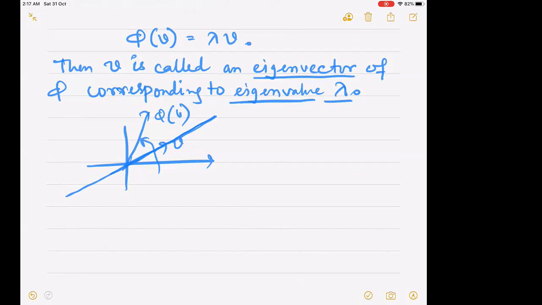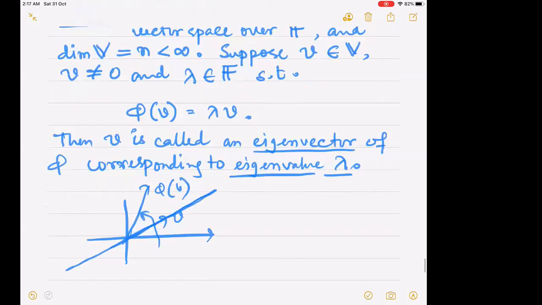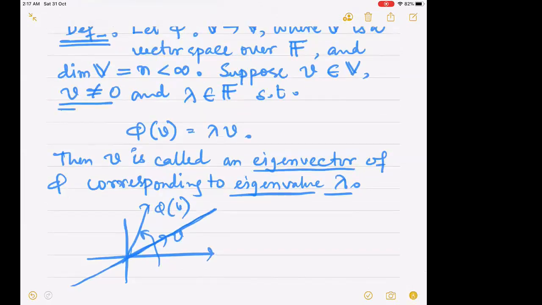One more point to notice here is that v must necessarily be non-zero. Otherwise, if you take the zero vector, then phi 0 is 0, which is 0 times v, which means if I allow zero vectors, then every linear operator will have 0 as an eigenvector and 0 as an eigenvalue, which is not interesting. So therefore we want non-zero vectors, and as you can see, for the diagonalization purpose also we need linearly independent eigenvectors, right?